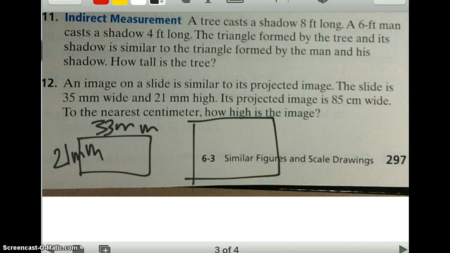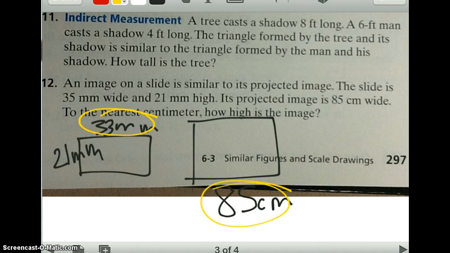And they say that it's 85 centimeters wide. So let's see. Do you see the 35 and the 85 match up? Now, it looks like they're a little bit off, but I could also write the 85 up here. So if I did that, line equals a line, I've got 35 on this side, 85 on this side, and then where does that 21 go?